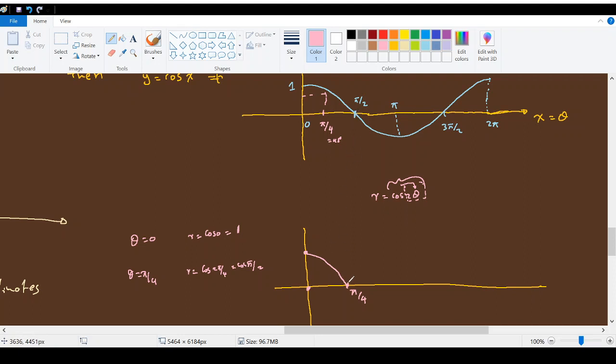So here pi over 4 corresponds to this 0 value.